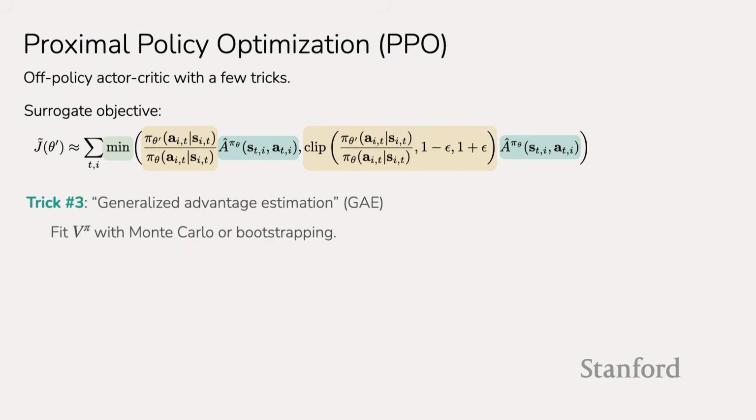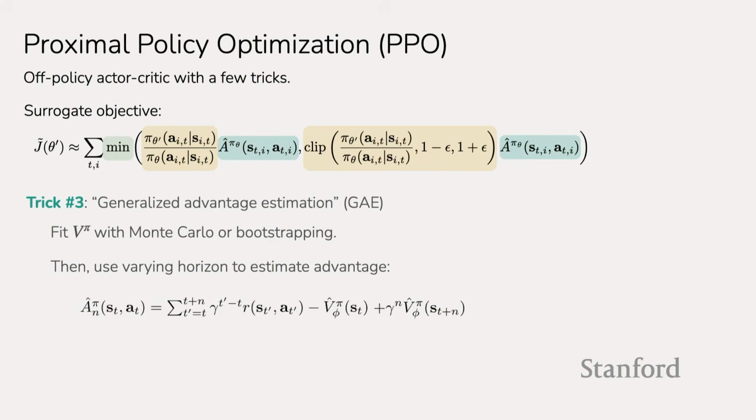The way that it works is you still could be fitting a value function V^π in the normal way, either with Monte Carlo or bootstrapping. But then once you fit that value function, previously the equation for our advantage was the reward plus the next value minus the current value. And instead of just using a horizon of 1, it's actually going to use a varying horizon.